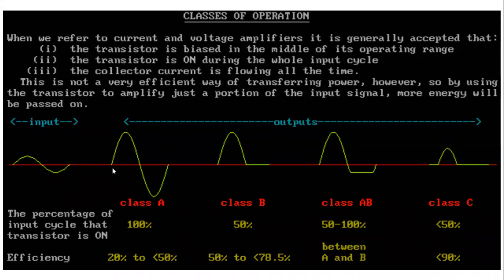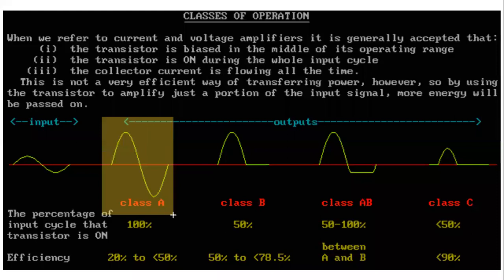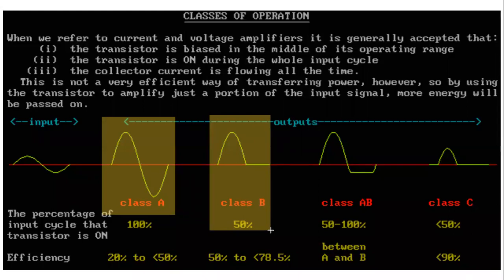This one we call class A, and if you deploy your mechanism under these conditions, if you feed the whole signal to the amplifier circuit, then we call that one class A amplifiers. If you give exactly half of the signal to the amplifier circuit, then we call that one class B amplifiers.